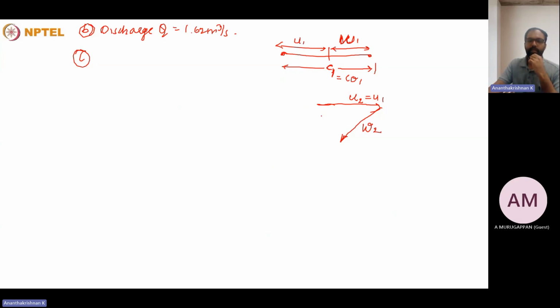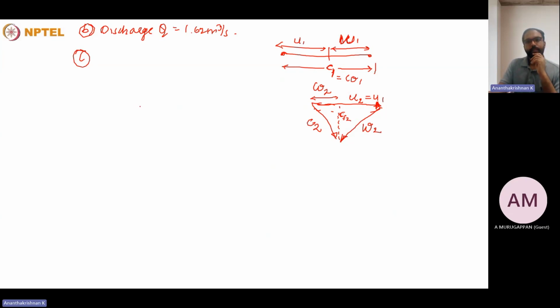Using the pitch circle diameter, we calculate the blade velocity or the bucket velocity. And this one will be the actual velocity, C2. The horizontal component will be the tangential velocity, and the vertical component will be the flow velocity or the radial velocity term.